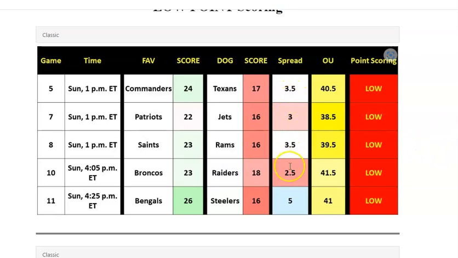And notice the spreads are pretty close, except for the Bengals. So this is one of those games where the Bengals should just bury the Steelers, right? But if that's the case, Vegas only says 5. So that worries me. It's like this should be 36.